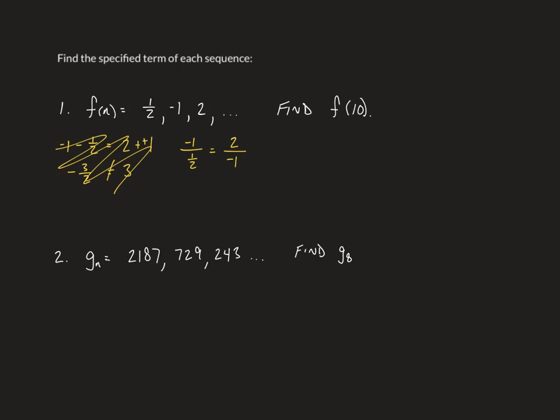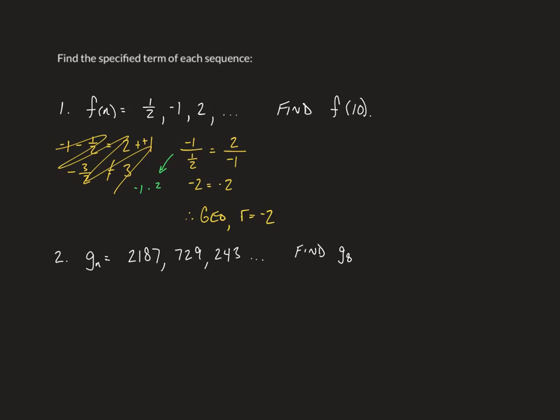So over here, I'm going to rewrite this. That's negative 1 times the reciprocal, and the reciprocal of 1/2 is just 2. So this is actually going to equal negative 2 on this side, and 2 divided by negative 1 is also negative 2. So therefore, it's geometric, and instead of saying that we have a common difference, we're going to say we have a common ratio of negative 2.